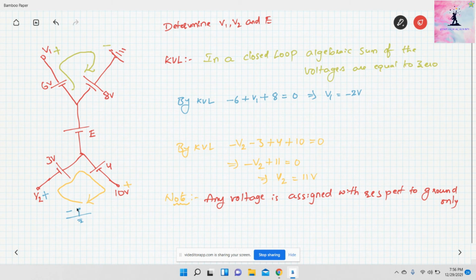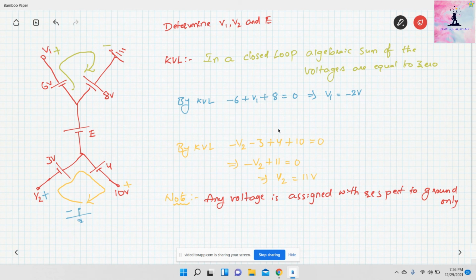So here I have taken this point is at zero potential, means I have taken this as ground. Then I formed a loop and I applied Kirchhoff's voltage law. So minus V2 minus 3 plus 4 plus 10 equal to 0. So we determined V1, V2.